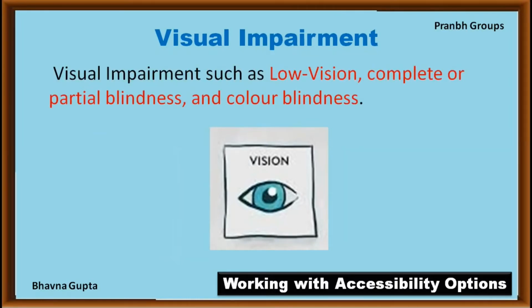Individuals who are blind cannot access visual material presented on the computer screen or in printed materials. For some people with low vision, the standard size of letters is too small to read. Some people suffer from color blindness.